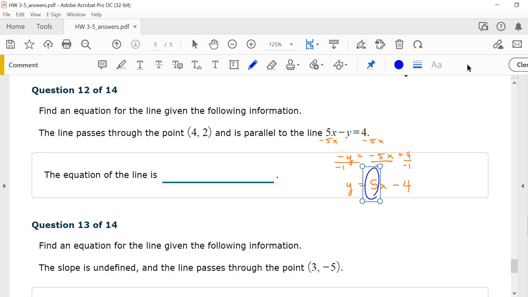The slope of this line is 5. I want a line that's parallel to that line, so the slope of the line I want is also 5. And I have the point 4, 2. So I can do y minus 2 equals slope times x minus 4.